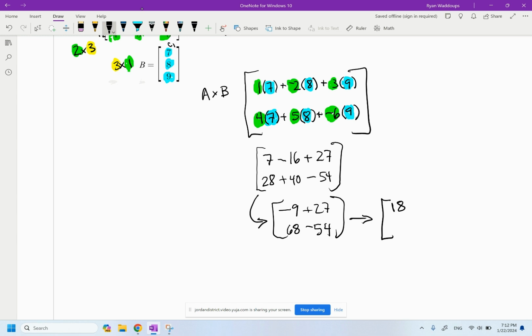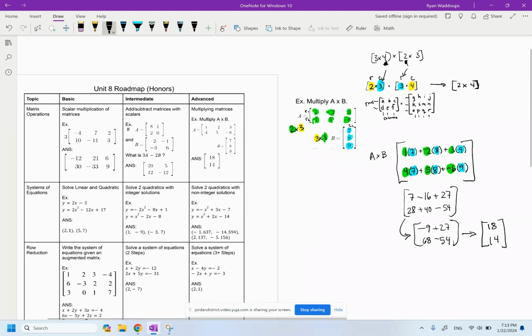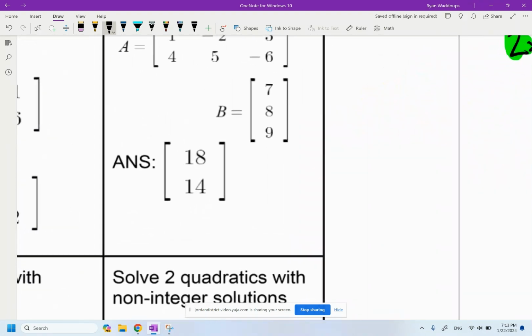And 68 minus 54 would be 14. And so 18, 14 is how we got that answer.